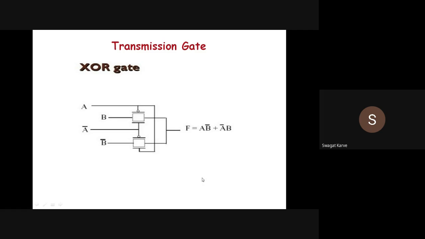In this case B is the input, and A and A bar are for biasing purposes. B and B bar are the main inputs to this particular transmission gate.